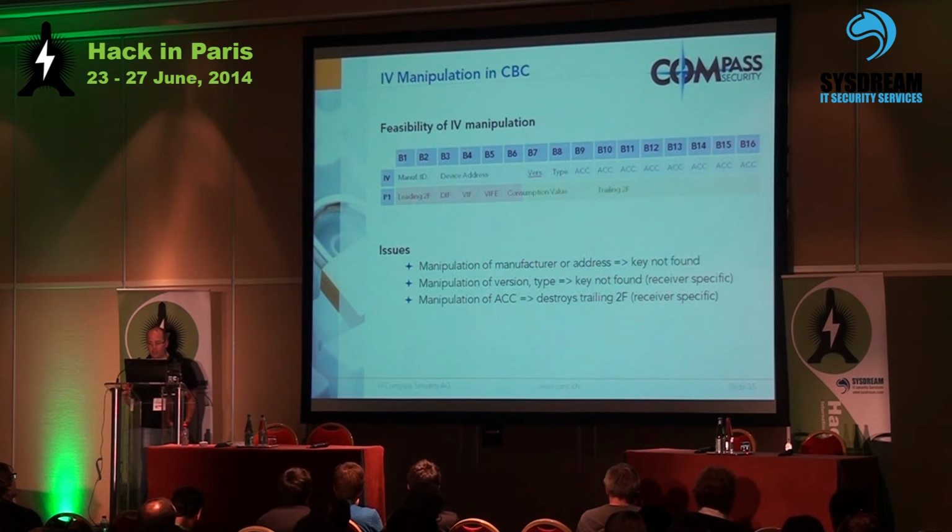If we do that, we just destroy the trailing 2F, which are used as padding for the packet. But as the wireless meter protocol is built with fixed-length values, where you always tell the receiver how many bytes of values are appended, they don't really need to look at the trailing 2F. So I don't think any developer is going to check whether these are valid 2Fs or not. So there you could actually manipulate.